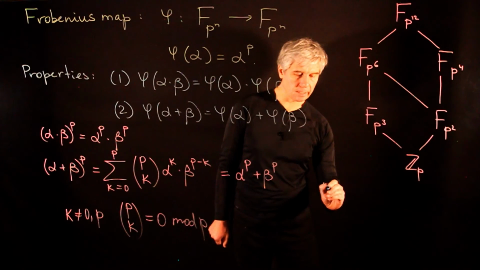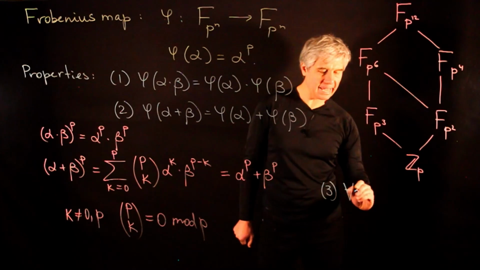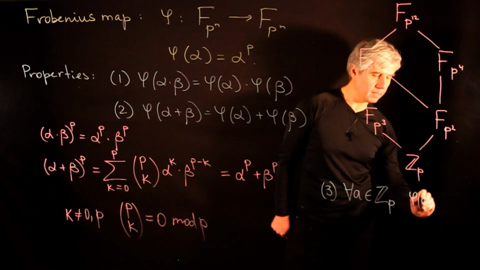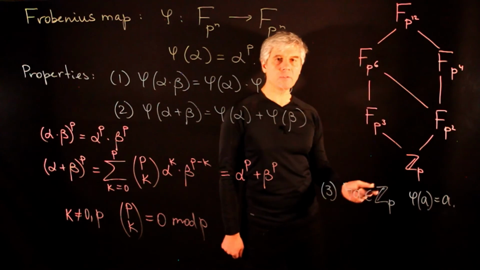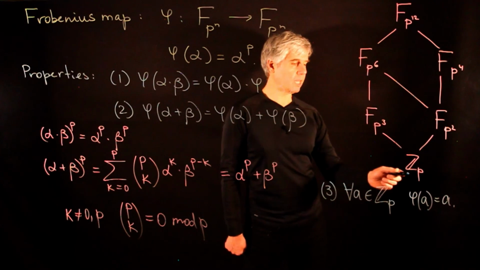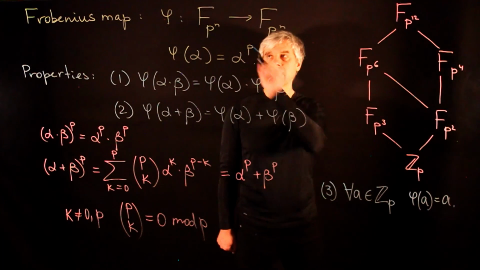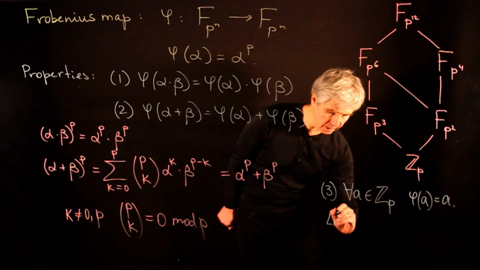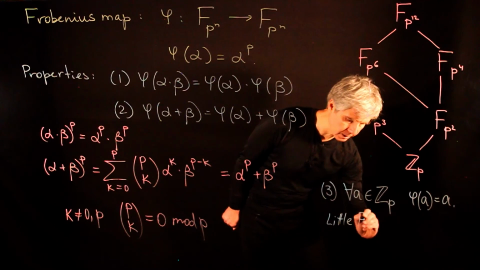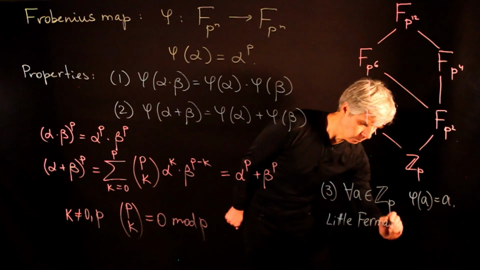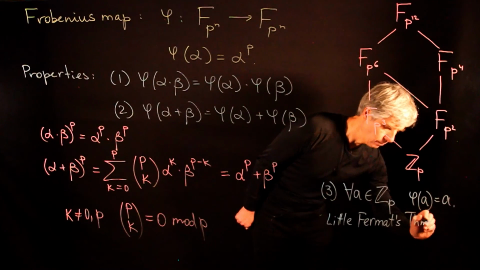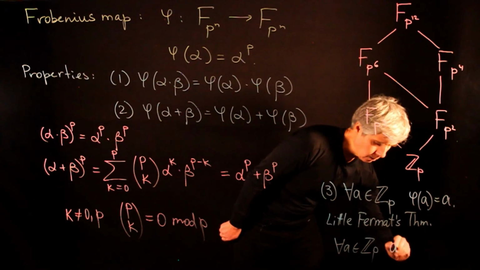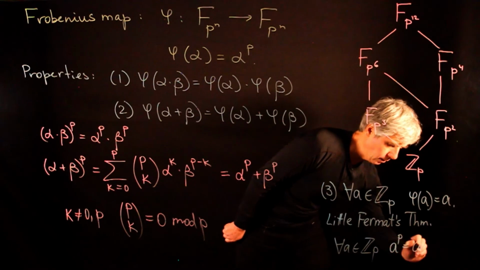The third property is that for every a in Zp, phi of a is equal to a. If we apply the Frobenius map to the elements of the subfield Zp inside F, then the Frobenius map will fix them. This is the little Fermat's theorem, that for every a in Zp, a to the power of p is equal to a.